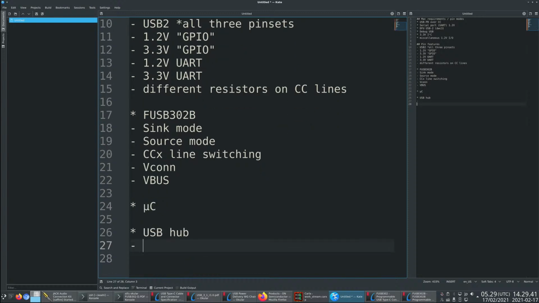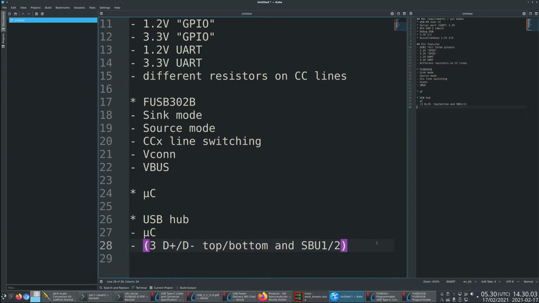And there's a USB hub that is tailing off to the microcontroller and to the D+, D-, top, bottom, and SBU options. So that means with a 4-port hub, which is the standard port count, we can have USB on all of these options. And that means that we need USB 2 switches so that we can switch between the hub side and this GPIO or UART thing.